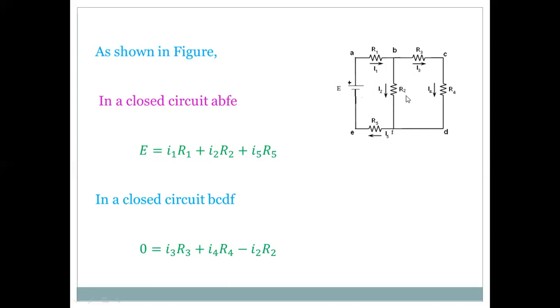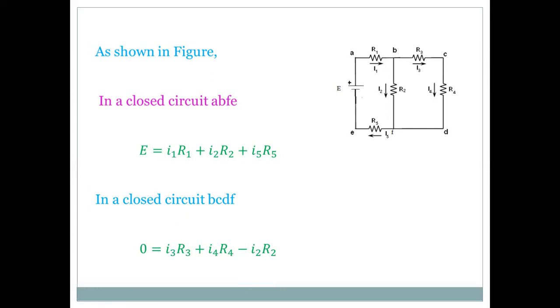So I2 R2 is taken as minus, and I3 R3 and I4 R4 are taken as positive. So from the Kirchhoff second law, 0 is equal to I3 R3 plus I4 R4 minus I2 R2, because there is no battery in the second closed loop. This is the application of the Kirchhoff second law to closed circuits.